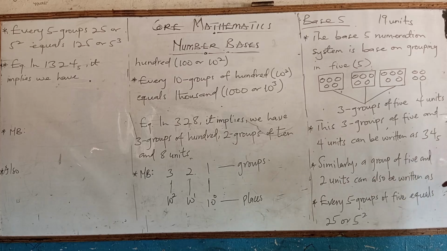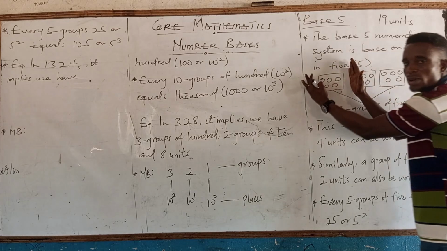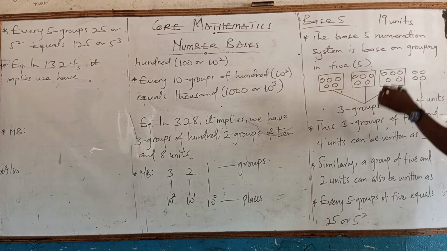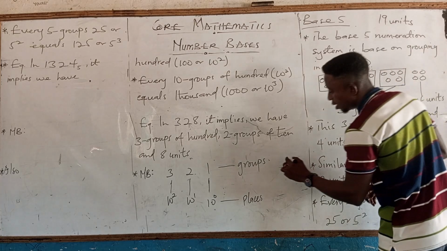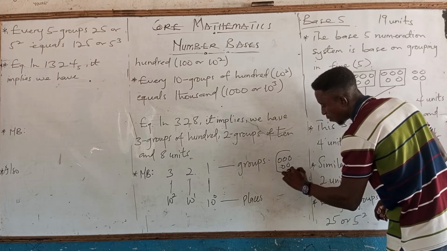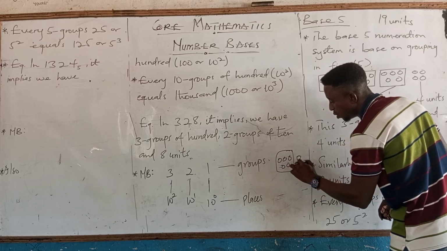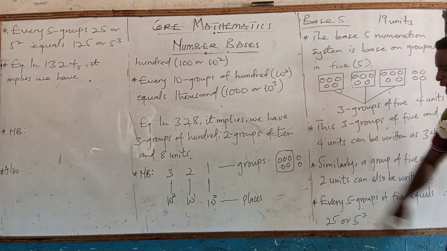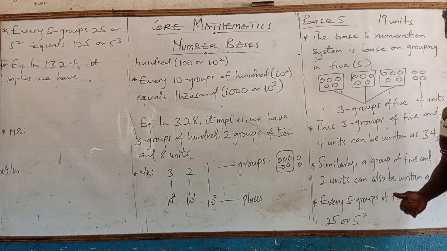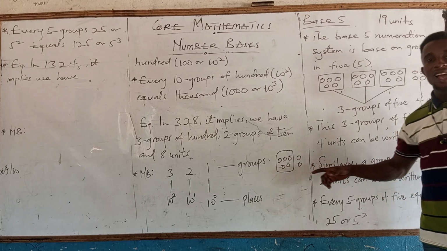Then, similarly, a group of 5 and 2 units. Grouping them, we were able to get only one group of 5 and also 2 units. So that one can be done as 1, 2, 3, 4, 5, and 2 units. Having a group of 5 and 2 units corresponds to 7.